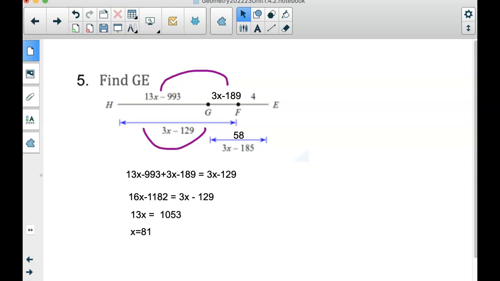So I typed 81, I hit STO, then alpha, STO, and then I hit enter. Okay, so I saved X as 81 in the calculator's memory.